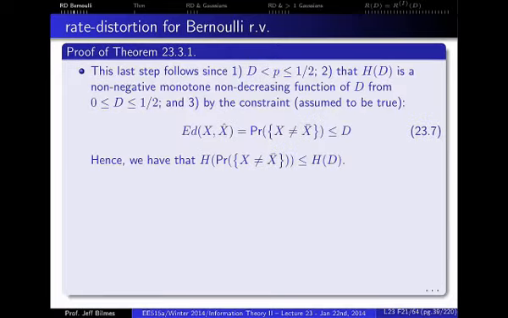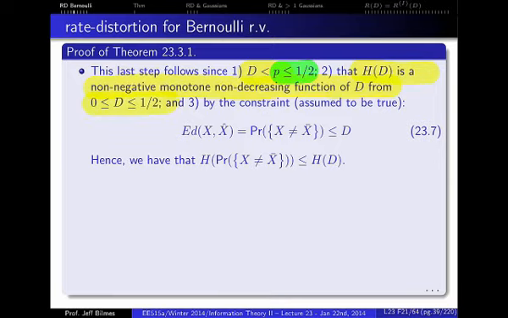So basically, the last step follows for the following three reasons. First of all, we're assuming that P is less than or equal to 1/2. And secondly, we're assuming that D is less than or equal to P, so D is therefore less than or equal to 1/2. And H of D is a non-negative monotone non-decreasing function of D in this range.